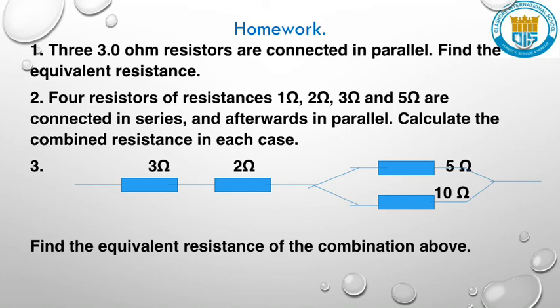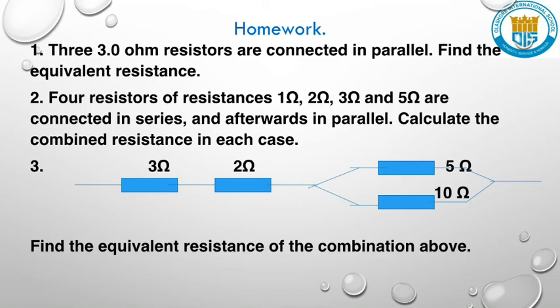Let me quickly explain something in the third question here. The third question, we have the 3 ohms and the 2 ohms in series, but 5 ohms and 10 ohms are in parallel. But 5 ohms and 10 ohms together, if you take both of them as just one resistor, that one resistor will be in series with 3 ohms and 2 ohms.